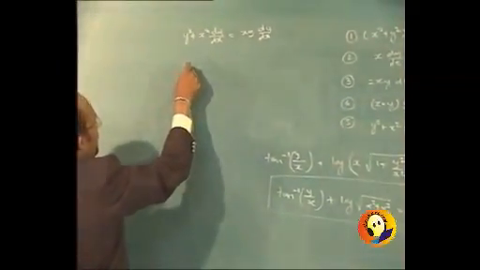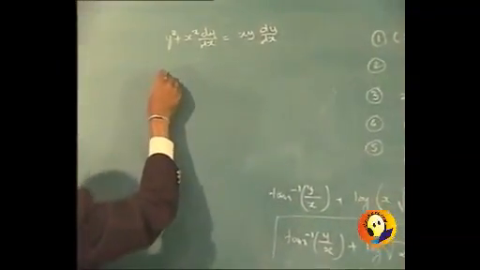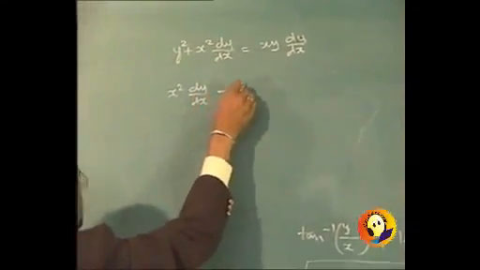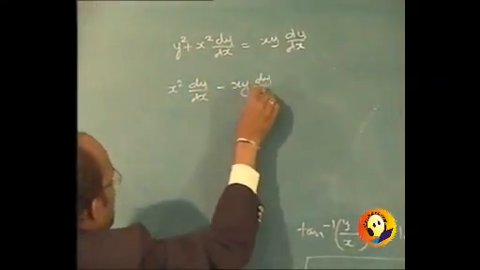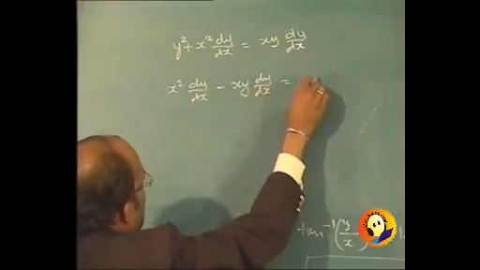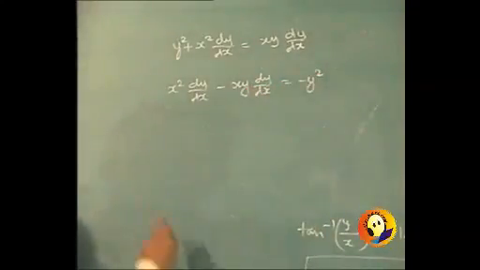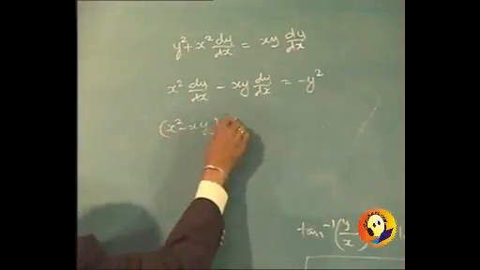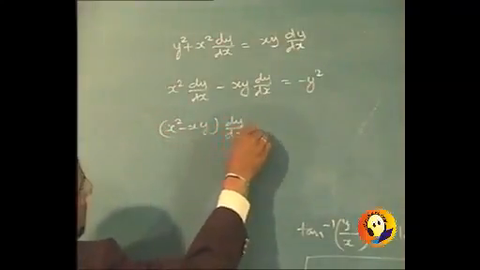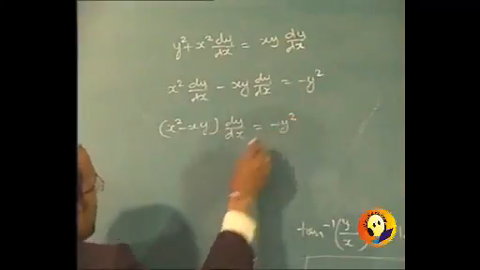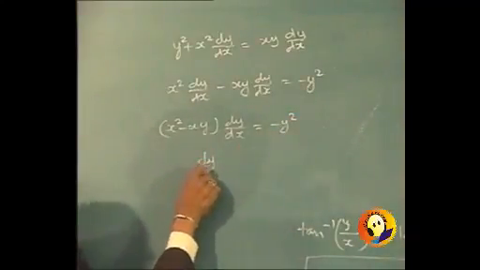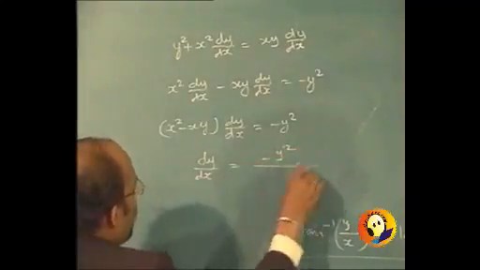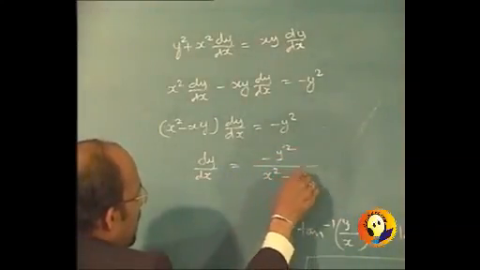So we can write it as x square dy by dx minus xy dy by dx equal to minus y square. So it is (x square minus xy) dy by dx equal to minus y square, or dy by dx equal to minus y square upon (x square minus xy).